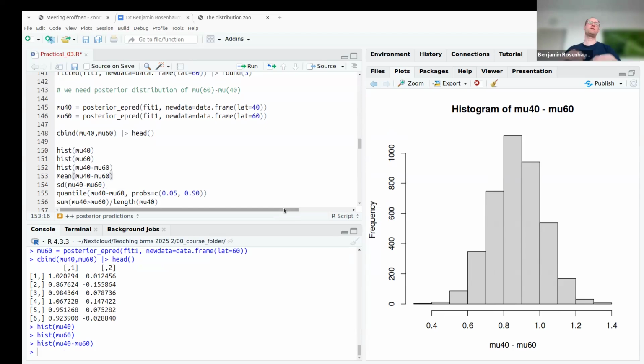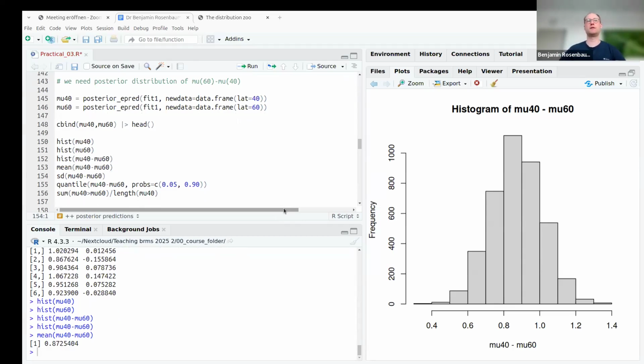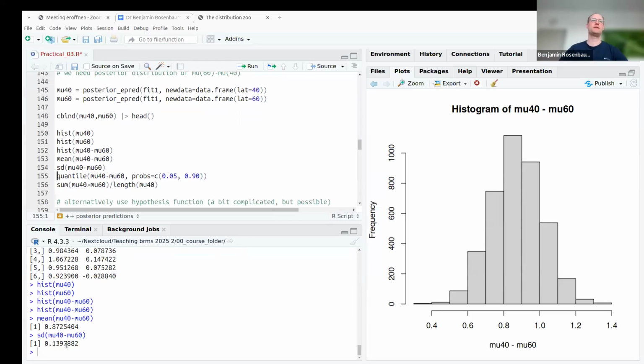And yeah, with everything you compute from the posterior samples or from the predictions, you can make statistics. So you can plot the histogram, or you can extract the mean of this difference, which is 0 point something, and also its standard deviation. So it's uncertainty.